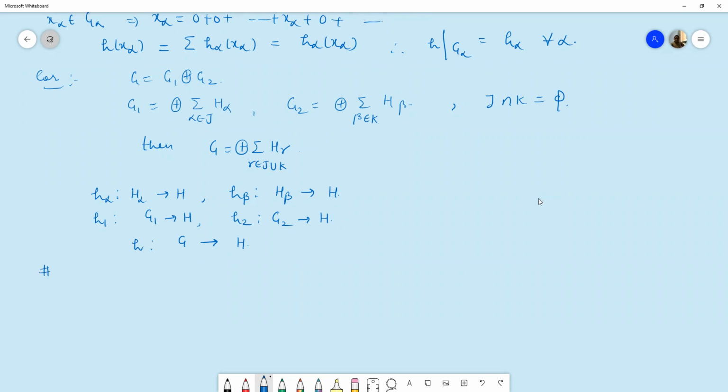So from this corollary, we can say that G1 plus G2 plus G3 is basically direct sum of all these three groups, G1, G2 and G3.